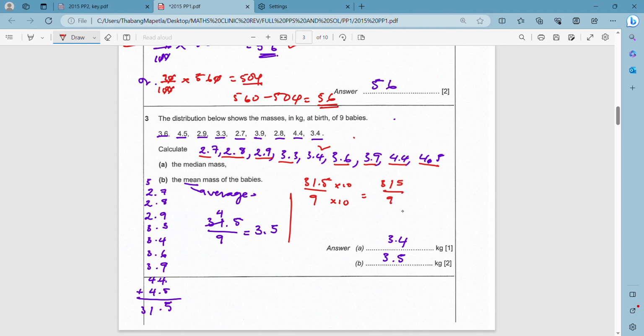Therefore you're going to have 315 divided by 90, and then 90 into 3 it can't, 90 into 31 it can't, 90 into 315 you get 3. 3 times 90 is 270, and then 315 minus 270 is 45.